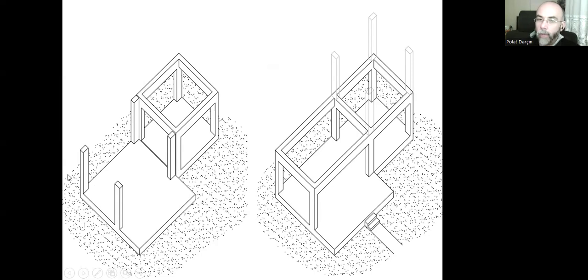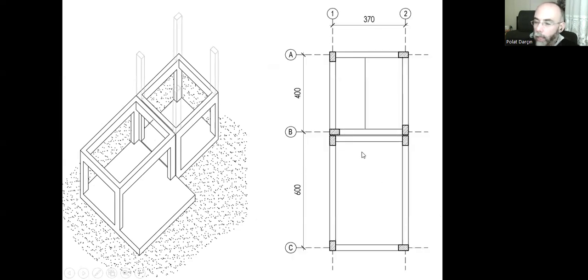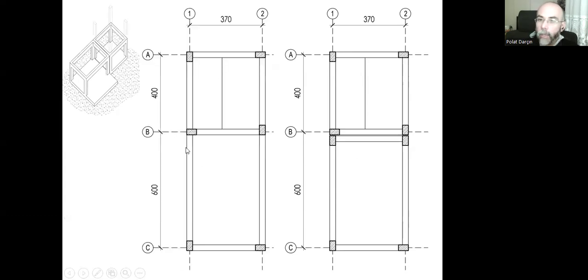That means we need a new set of 4 columns and a new set of 4 beams. They are not connected like this, so the plan has been changed. Previously the grid lines were 1, 2. It's still 1, 2, A, B, and C. As you can see, these beams are connected to the columns B.